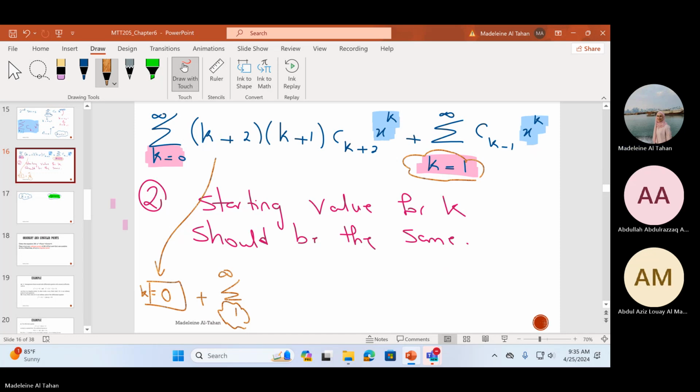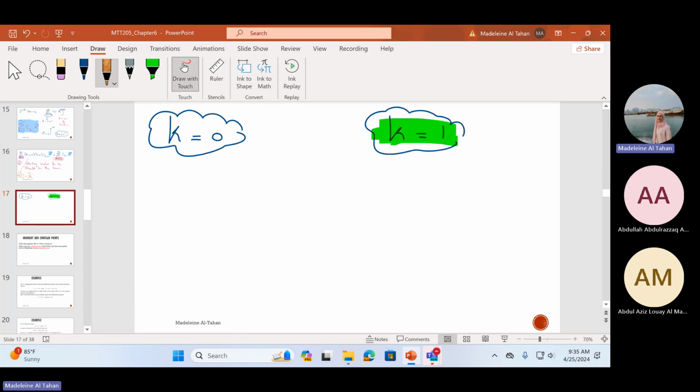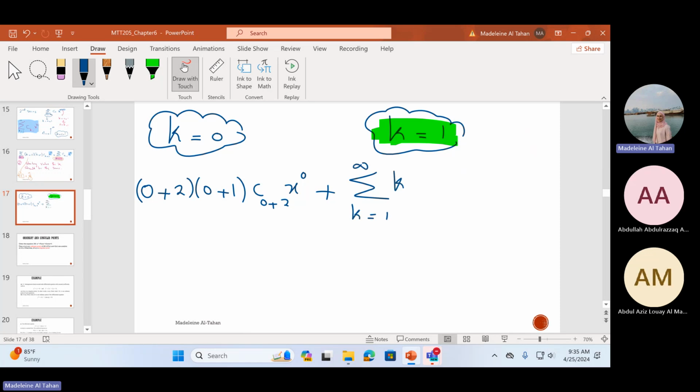Okay, so what happens when k equals 0? We will substitute k equals 0. What will we get? So (0+2)(0+1) c_{0+2} x^0, plus the sigma from k equals 1 to infinity of (k+2)(k+1) c_{k+2} x^k.